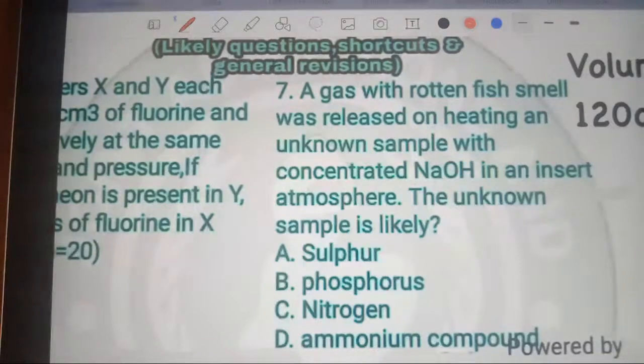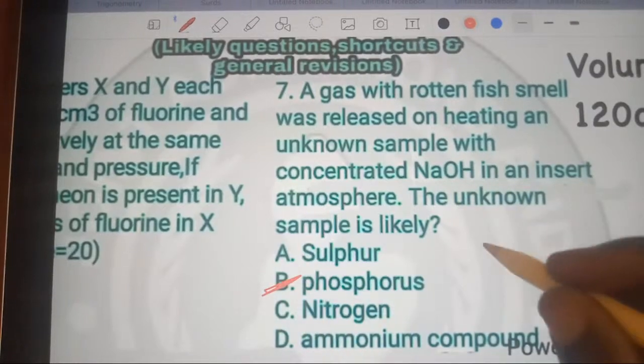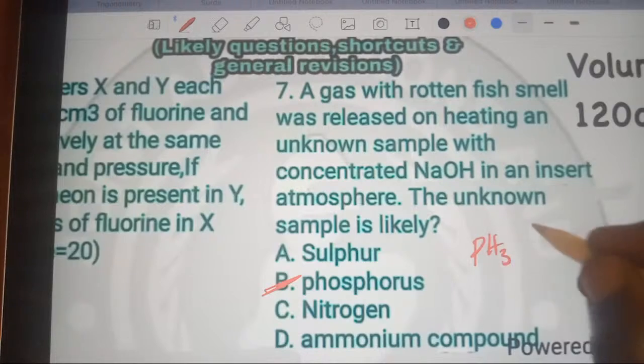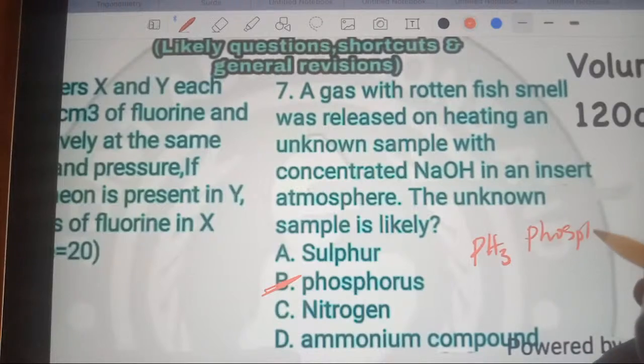Remember, phosphorus and nitrogen are in the same group, so NH3 and PH3 are analogous. But you should know that it's a phosphorus compound. That should be the correct answer.